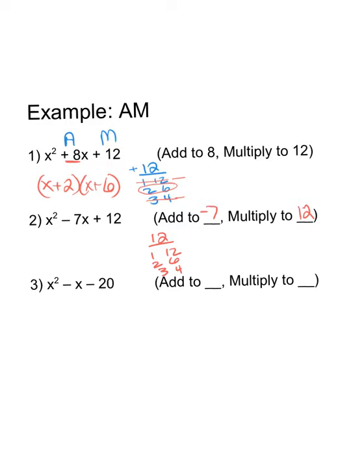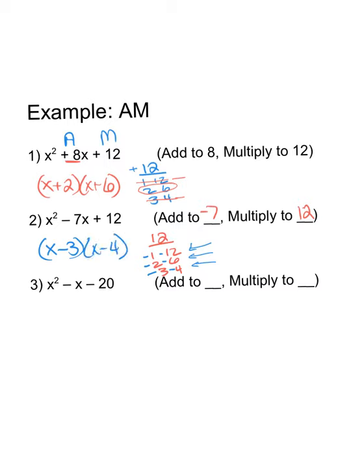I want to add to a negative. The only way I can add to a negative and multiply to a positive is if all my signs are negative. So now if I look through these three sets of numbers, the ones that add to negative 7 are negative 3 and negative 4. So x minus 3, x minus 4.